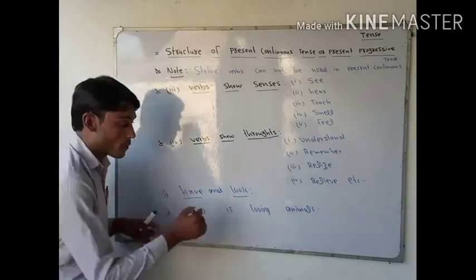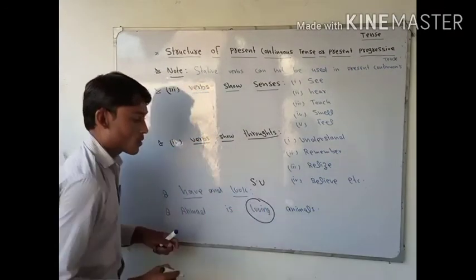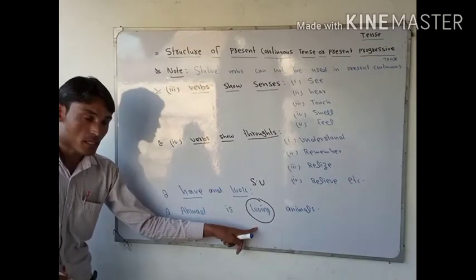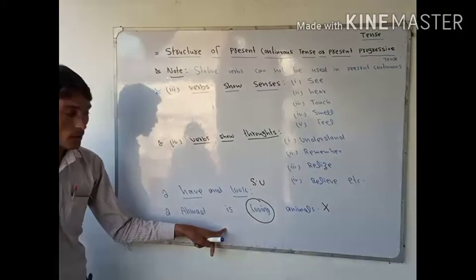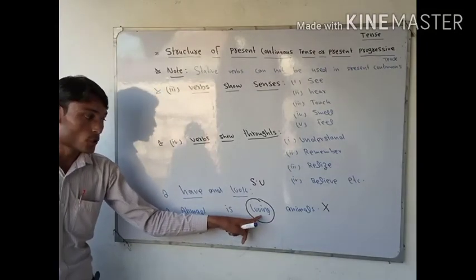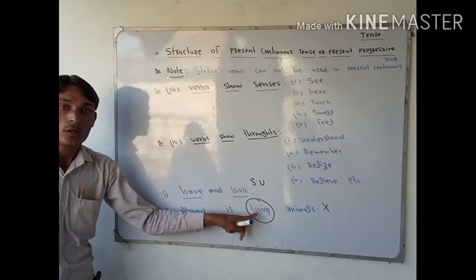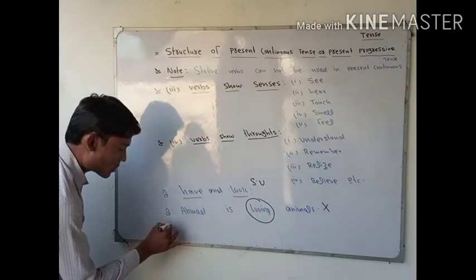But according to the verb, this one is a stative verb. If we use stative verbs in the present continuous tense, the sentence is wrong. Instead of using loving, we have to use the simple present tense.